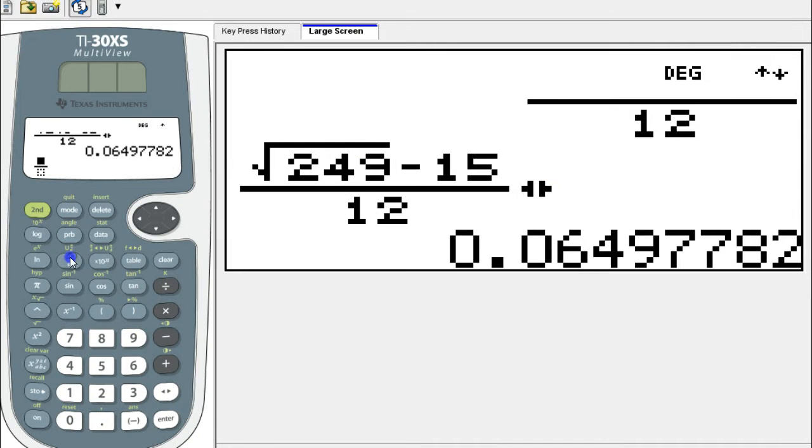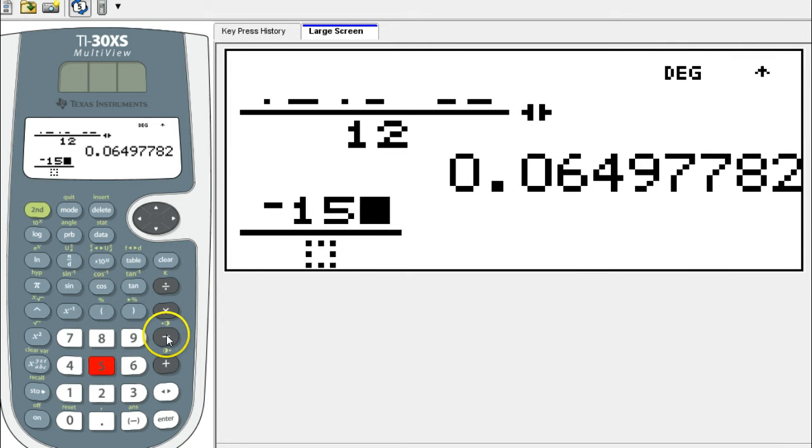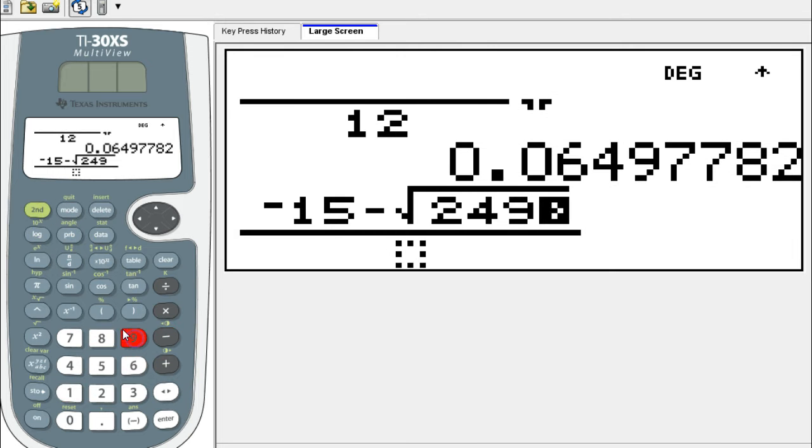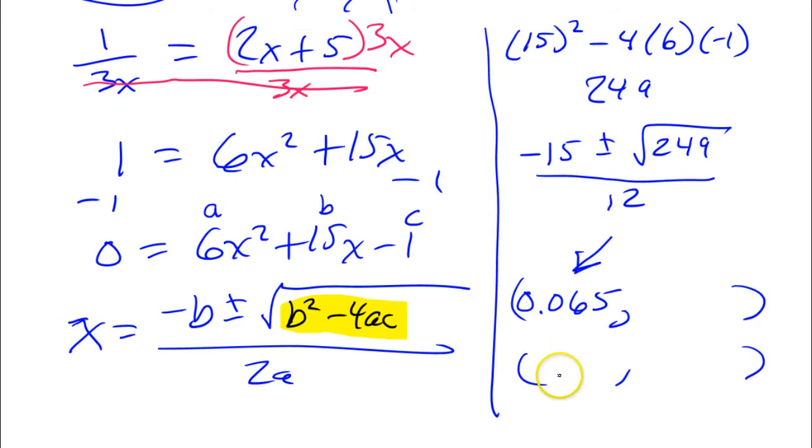So fraction mode again, negative 15 minus square root 249 over 12. Ignore that, toggle it. Negative 2.56. So these are my two x values. Now I need the y values that go with them.